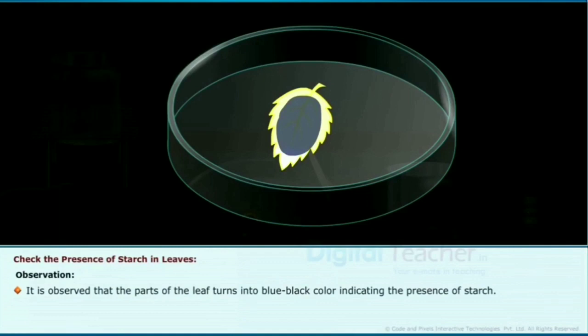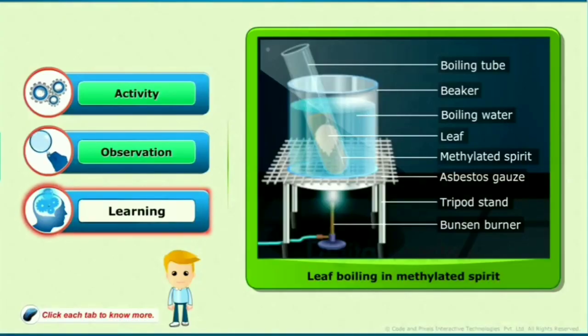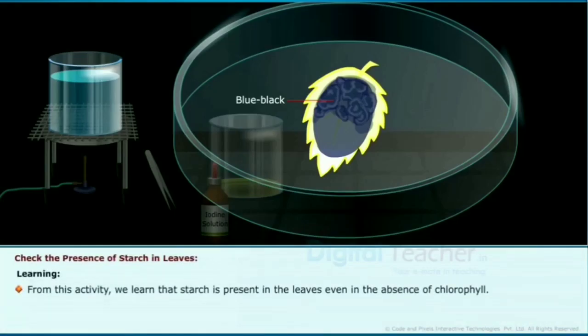It is observed that parts of the leaf turn into blue-black color, indicating the presence of starch. From this activity, we learn that starch is present in the leaves even in the absence of chlorophyll.